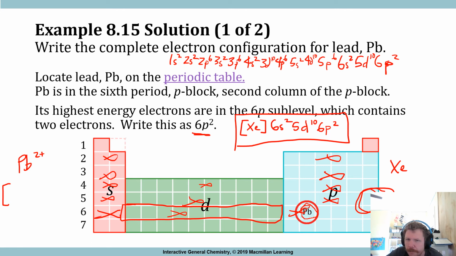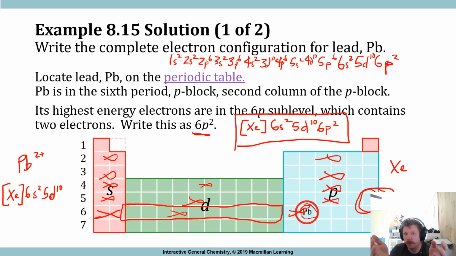And where is that? For lead, it happens to be the 6p subshell. So I'm going to write the condensed electron configuration for the lead 2+ ion. It's going to be that same Xe, 6s2, 5d10. I don't write the 6p2. I don't write 6p because those 2 electrons in that 6p subshell have been lost.